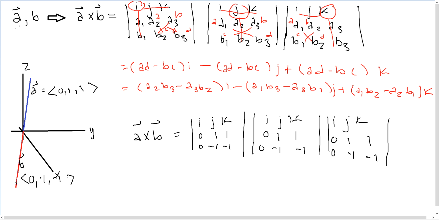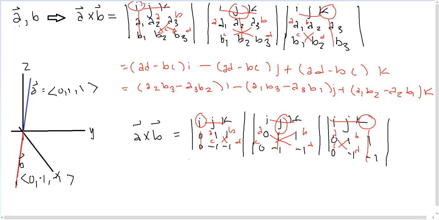So we're going to do our crosses. Second component, second column. Third component, third column. Now we have our A, B, C, D, A, B, C, D, A, B, C, D. We're setting ourselves up for success here, guys. We should always get the right answer if we set it up correctly.